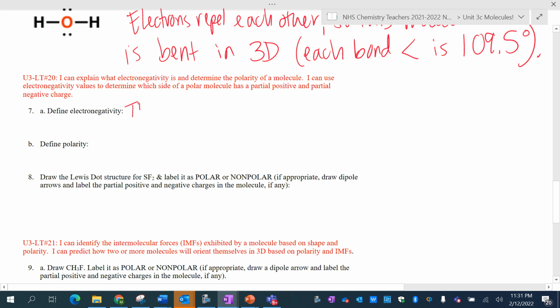Define electronegativity. It's the ability of a bonded atom to attract electrons to itself.